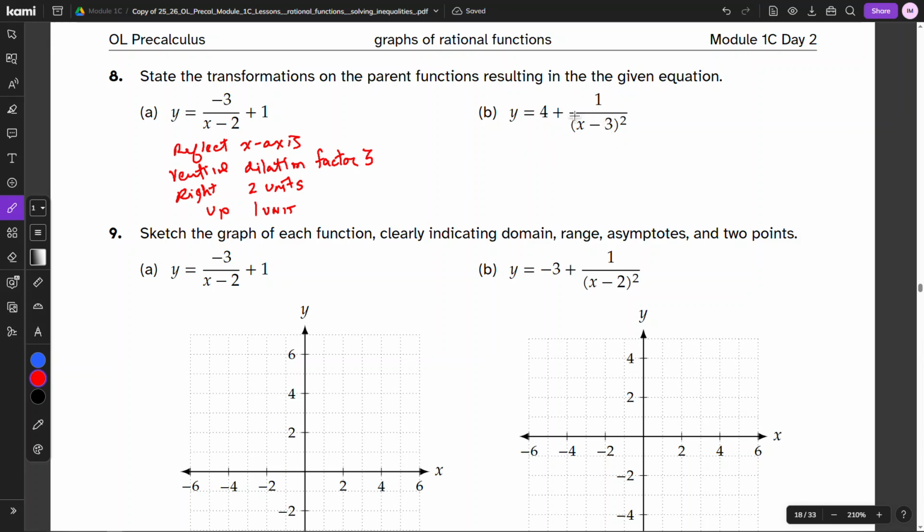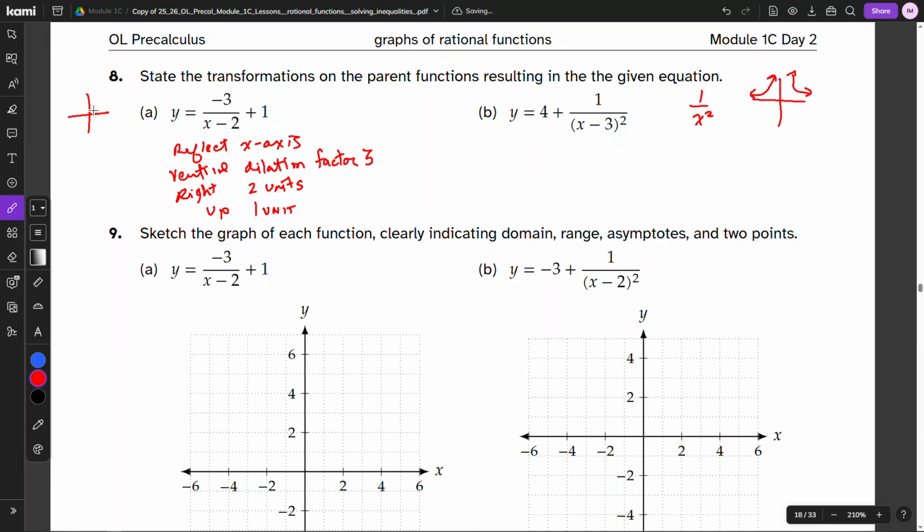Here, what are our transformations? No dilation vertically, no reflection vertically. The parent function for this one is 1 over x squared. I should understand that the parent function looks a little something like that, right?